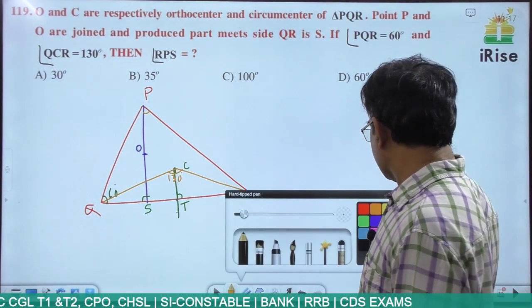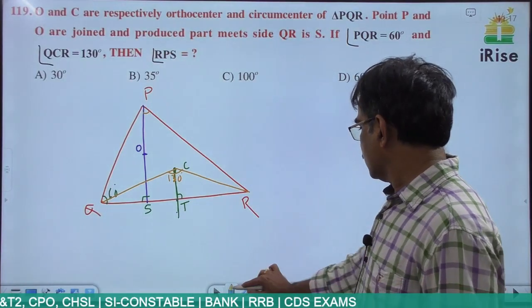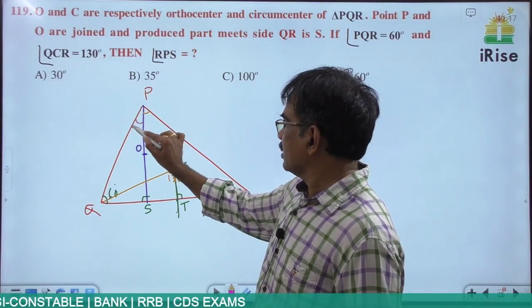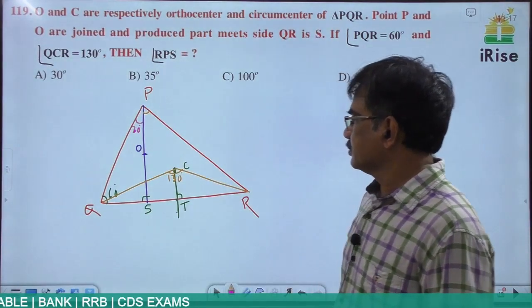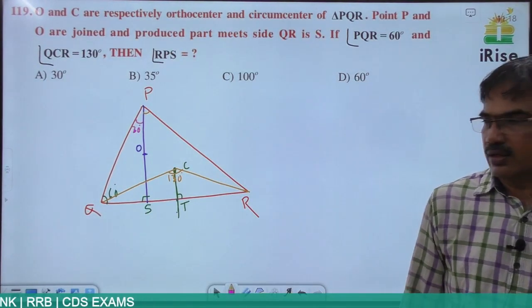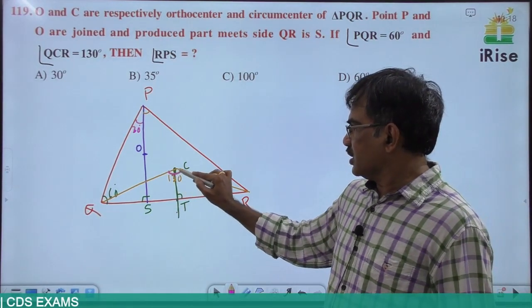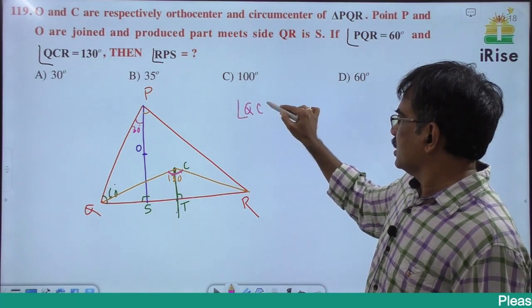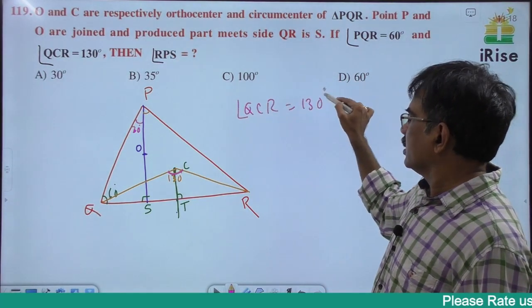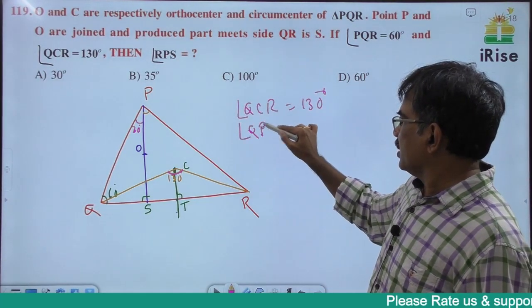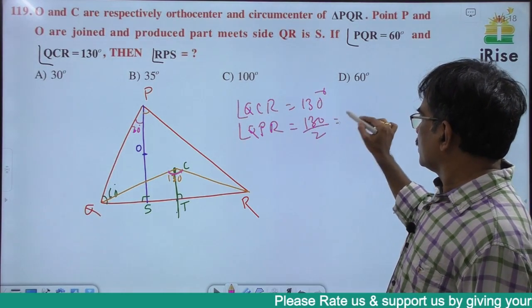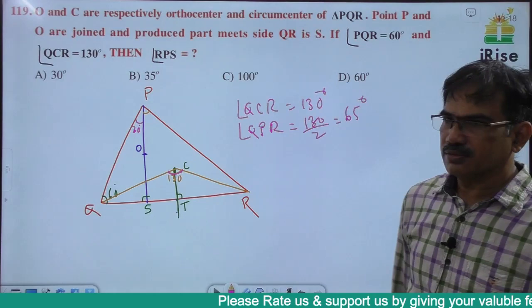First, here this angle is 60, this is 90, therefore this angle is 30 degrees. And angle at circumcenter is given as 130, then angle QCR is equal to 130 degrees. So angle QPR is equal to half of that, 130 by 2, which is equal to 65 degrees.